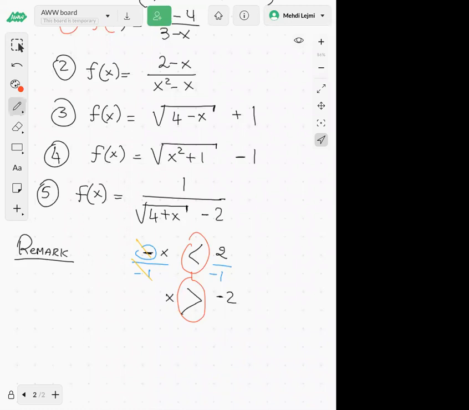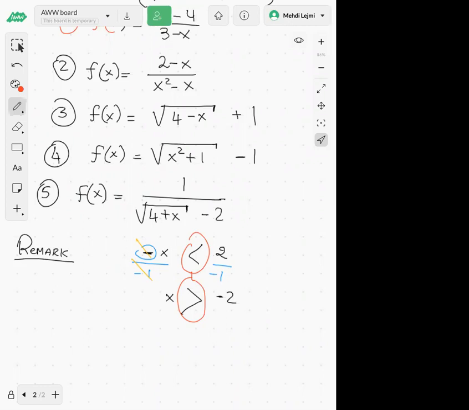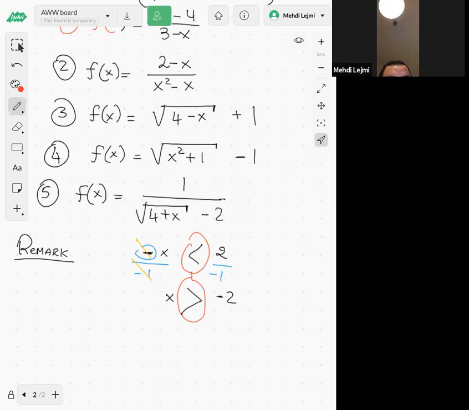So I would write that. Destiny, negative infinity, positive infinity for number 4. Yes, absolutely, you're right. For number 4, Destiny, you're correct.